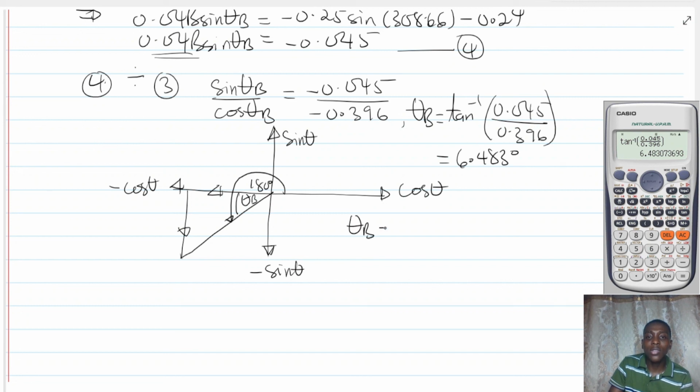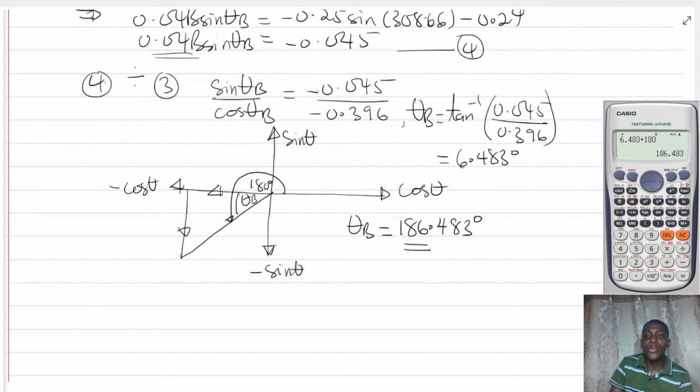The actual angle theta b is 6.483 plus 180, which is 186.483 degrees. So that is theta b.